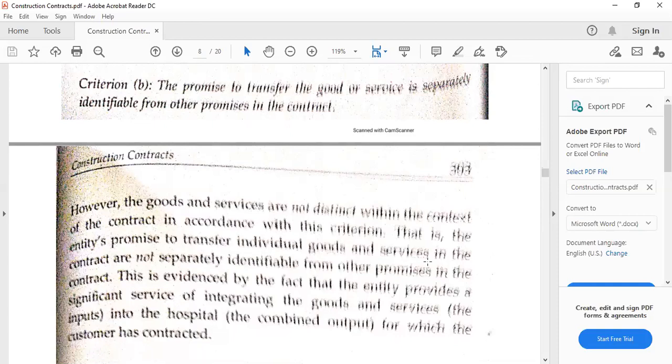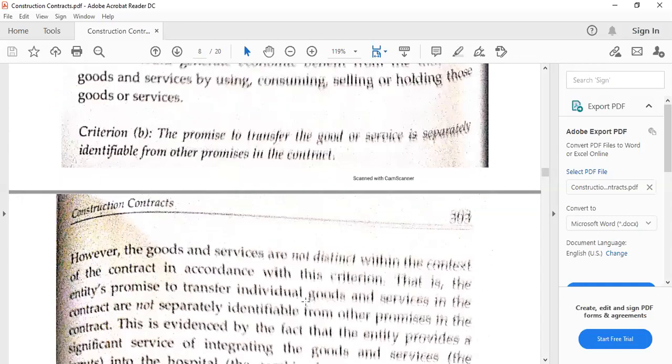To read on, the entity's promises to transfer individual goods and services in the contract are not separately identifiable from other promises in the contract. This is evidenced by the fact that the entity provides a significant service of integrating the goods and services, which are the inputs into the hospital, the combined output for which the customer has contracted.